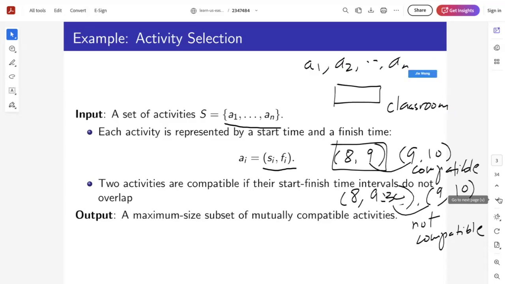We want to figure out the maximum number of activities that we can hold in this room. So that is the output: a maximum size subset of mutually compatible activities. So the maximum number. This is a maximization problem.